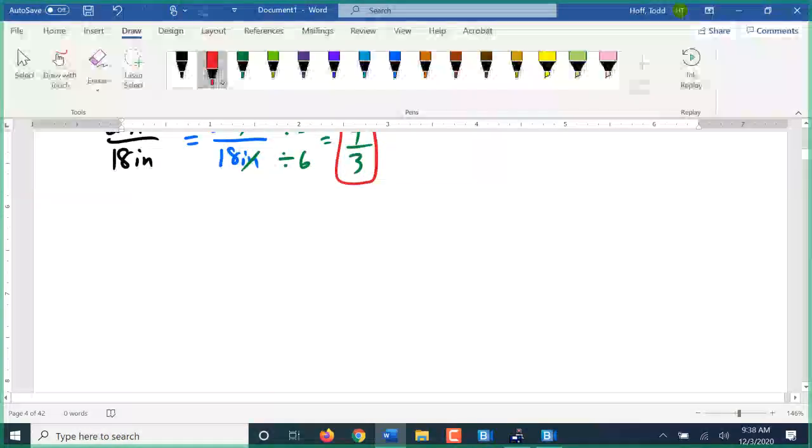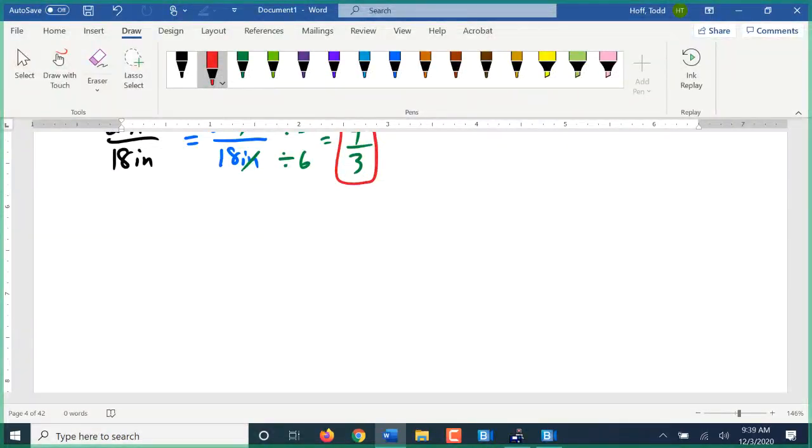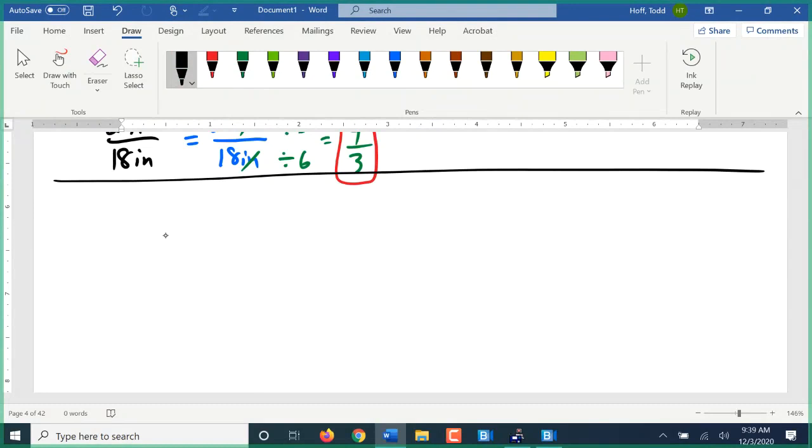So we have said that a ratio has to compare two numbers with the same unit. So what happens when I compare two numbers that don't have the same units? Let's say we go on a road trip, and I say you go 365 miles in 7 hours.